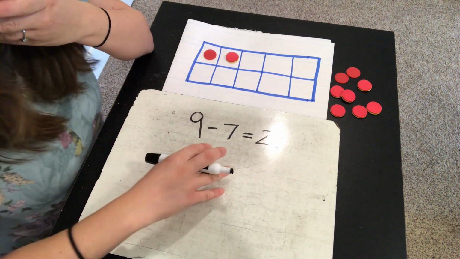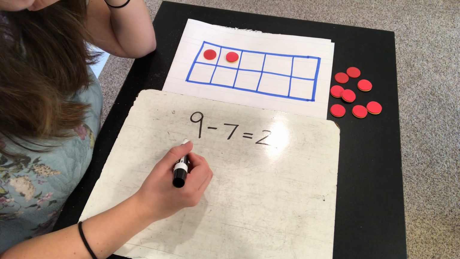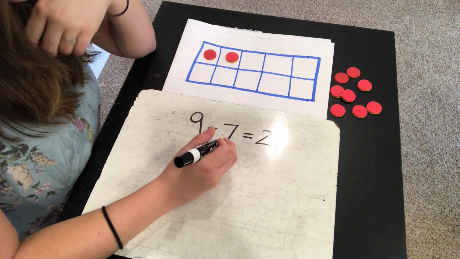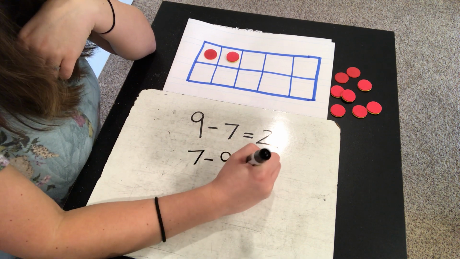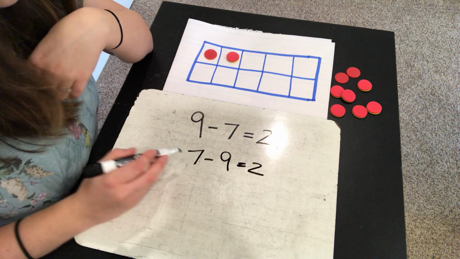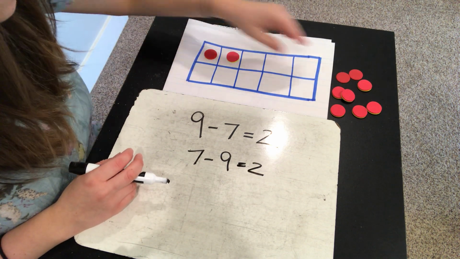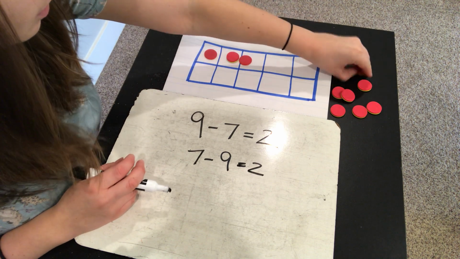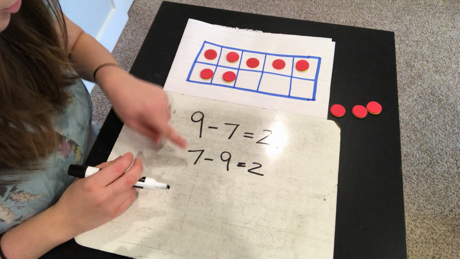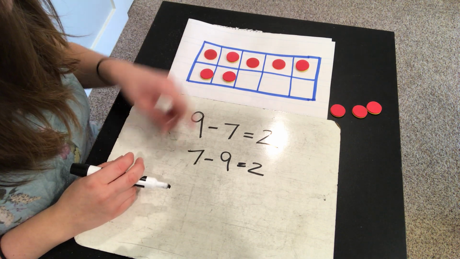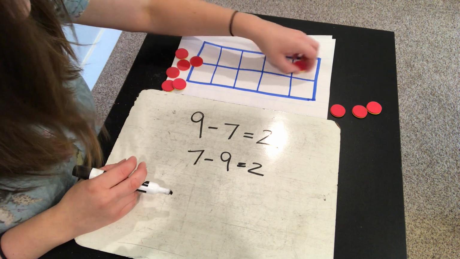With subtraction, you cannot change these around as much as you did with addition, because if I change the order of this, 7 minus 9 equals 2, that doesn't work, because I couldn't have started with 7 on my ten frame and taken 9 away. Watch, it's not possible. There's 5, 6, 7. If I start with 7 and take away 9, 1, 2, 3, 4, 5, 6, 7.